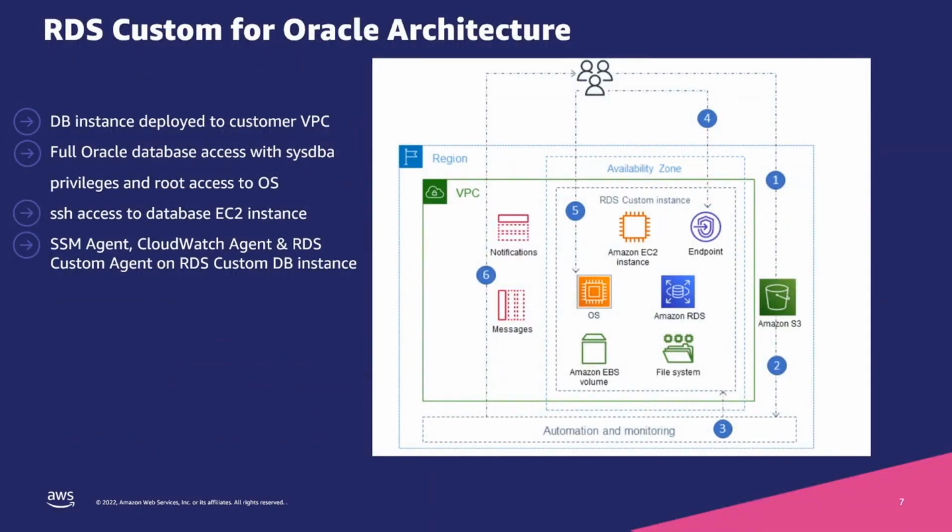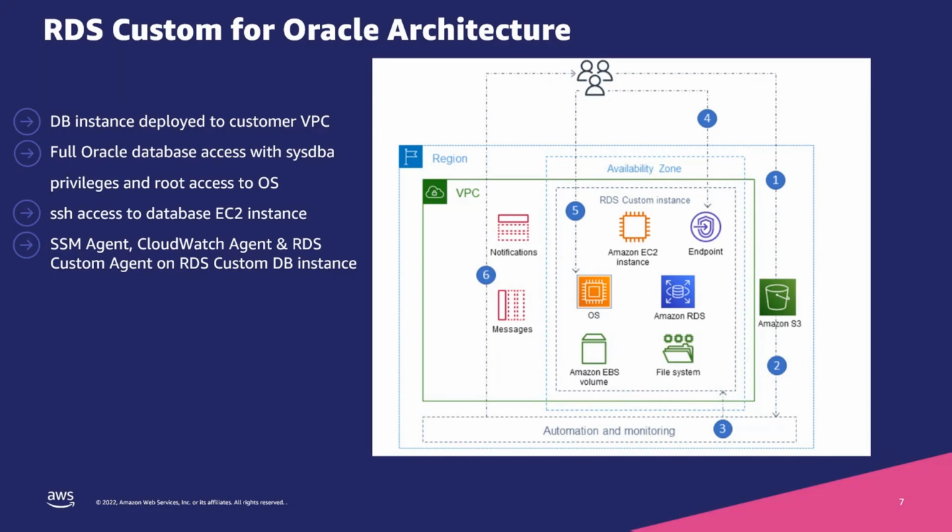Let's look at the architecture of RDS Custom itself. With Custom, all the underlying resources are now deployed in your AWS account, unlike the standard RDS. In RDS, when you deploy a DB instance, you only get access to an endpoint with which your applications connect to the database.